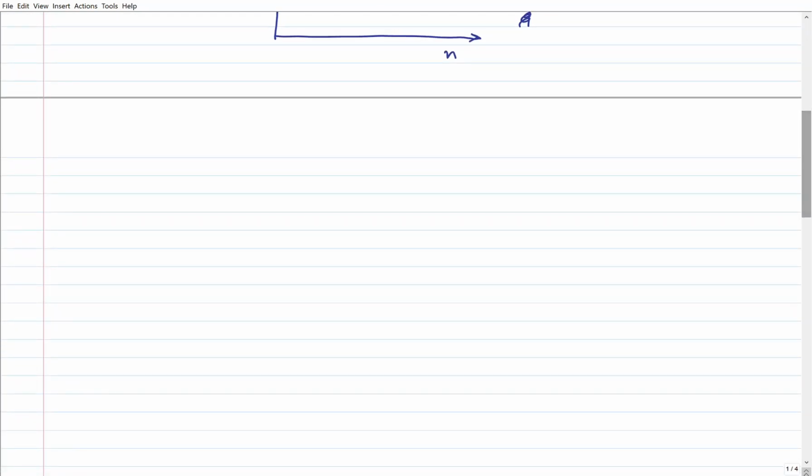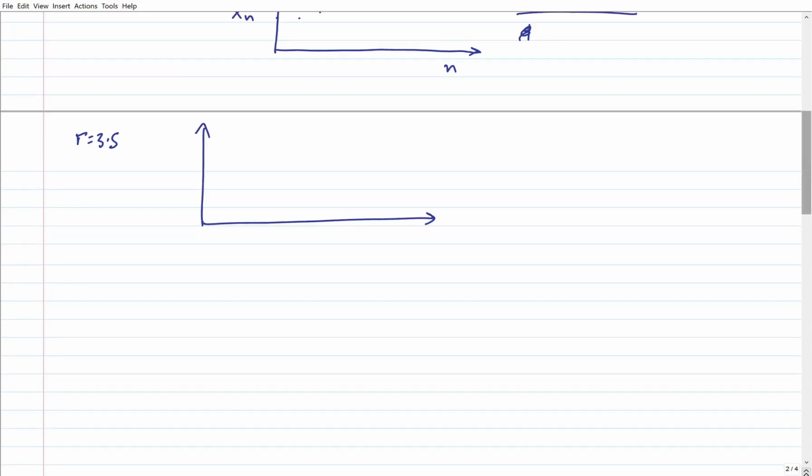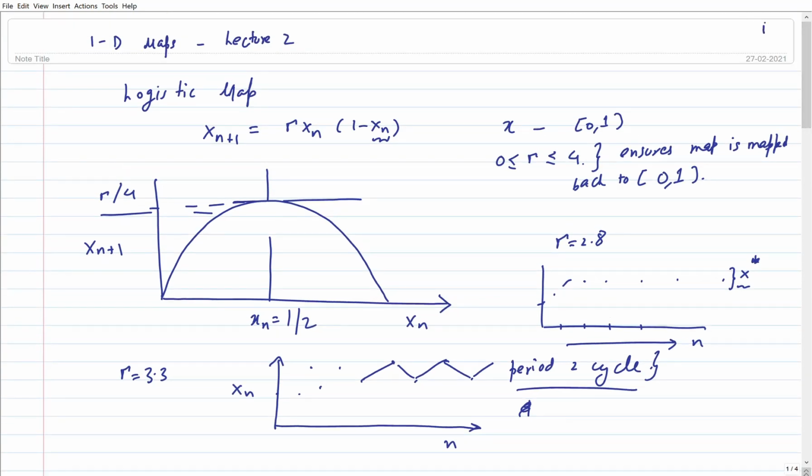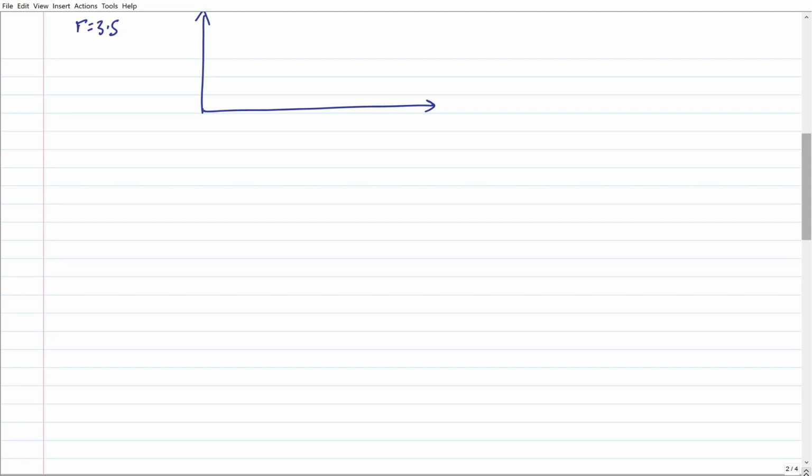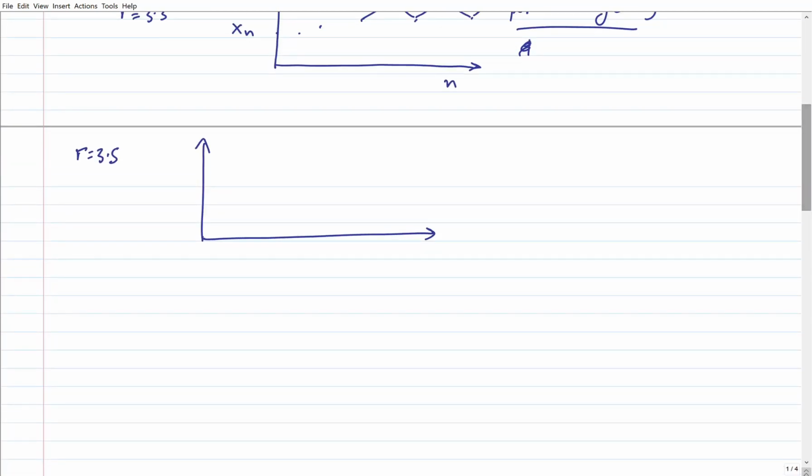Let's just draw the period 4 cycle, which occurs as we crank up r eventually.